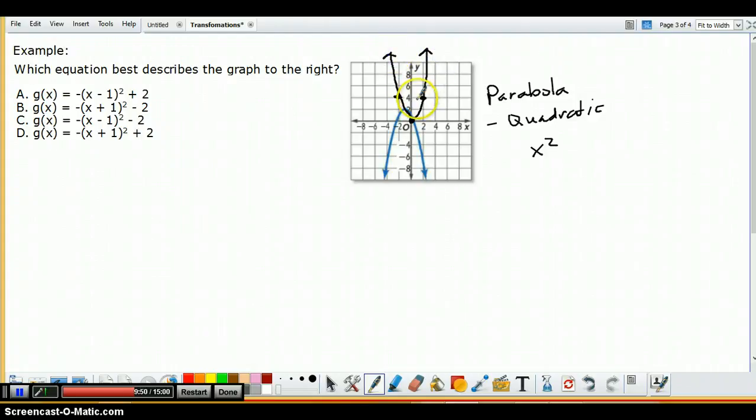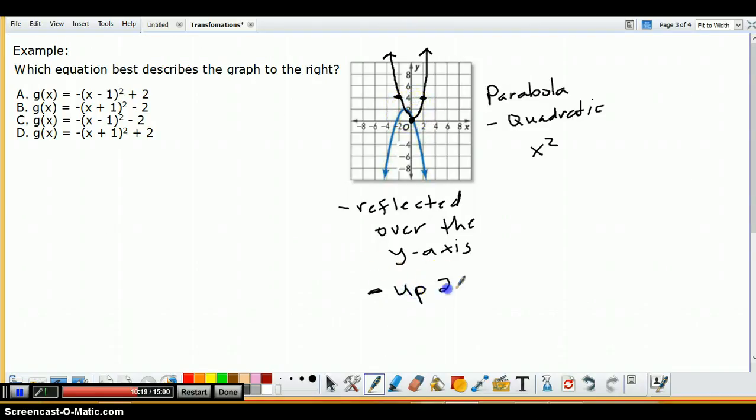So what happened? We reflected over the y-axis, right? Because the parent function opens up, this one opens down. If you look at the vertex, it went up 2.